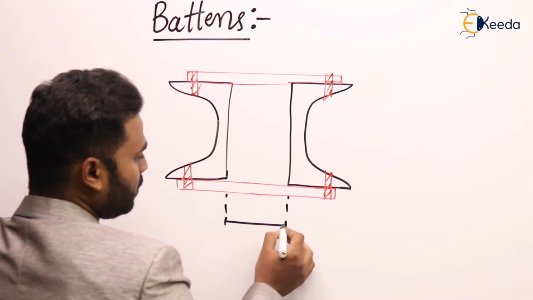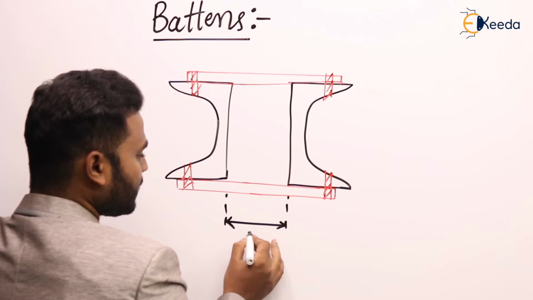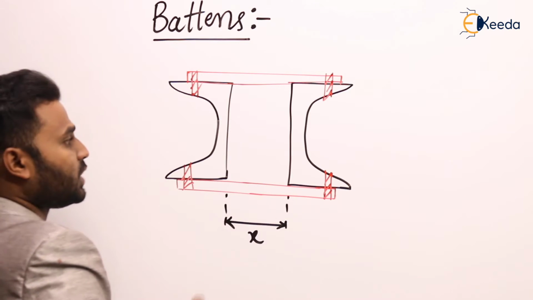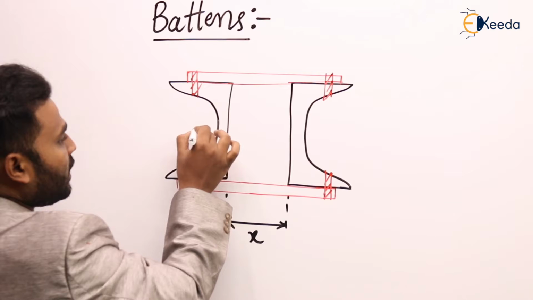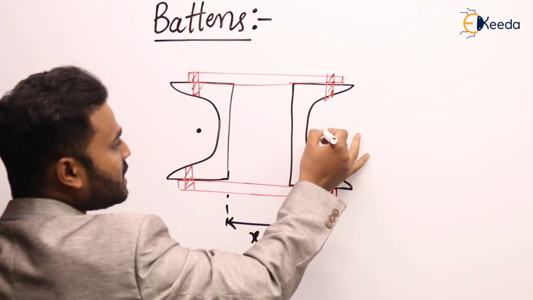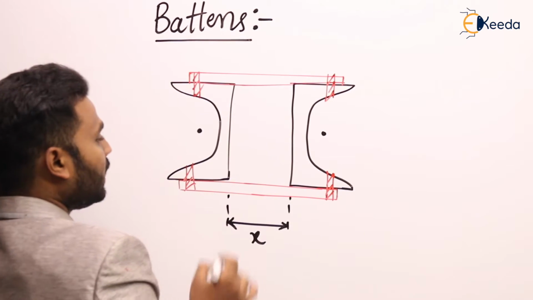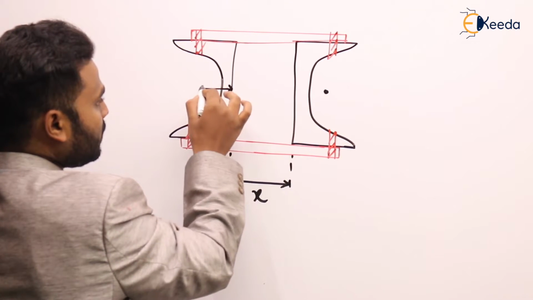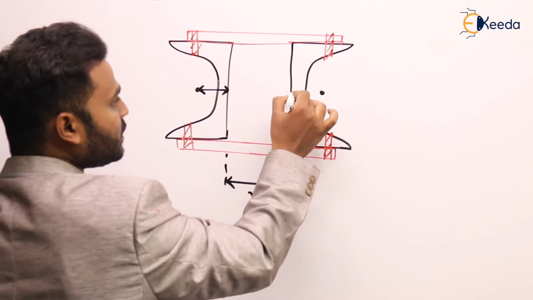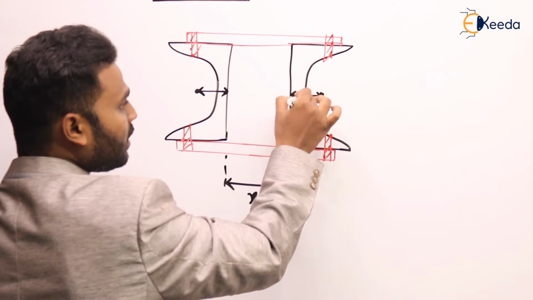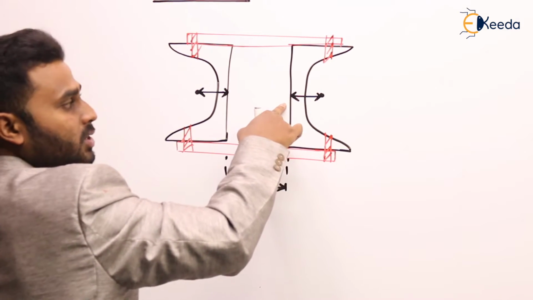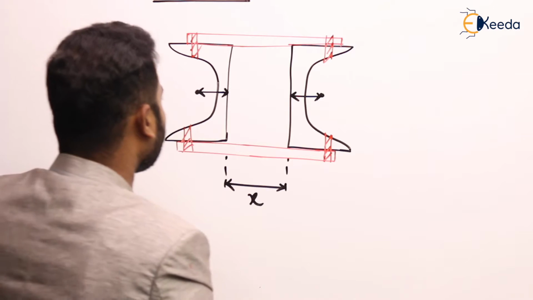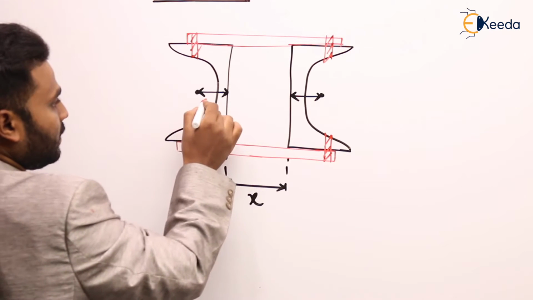This is the spacing x, the spacing between the two channels, and we know where the CG of each individual channel or component lies. This is the CG, the distance of the CG in the x direction from the extreme edge. This is represented with Cxx.